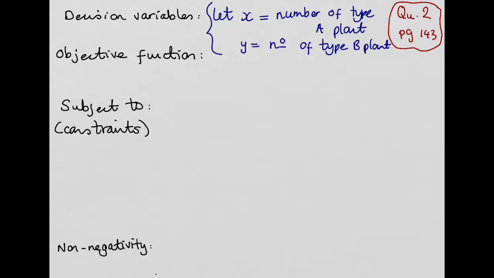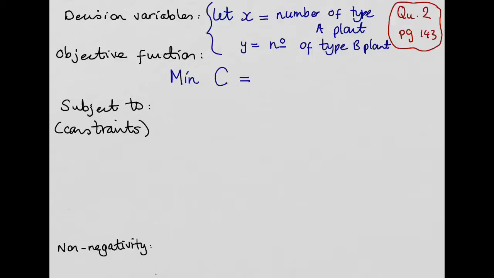The objective function is the aim of what I'm trying to do. Quite often I will want to maximise profit. Sometimes I want to minimise cost, and in this question they want to minimise the cost of the floral display. So we are going to minimise, I'm going to use C to stand for cost, and to minimise the cost I need to look at how much each of the plants costs.